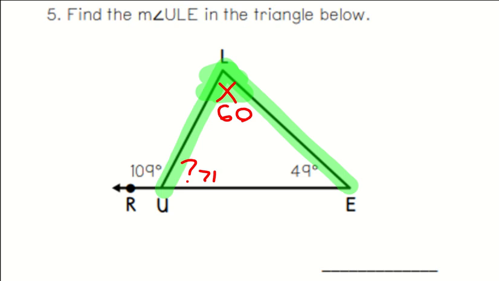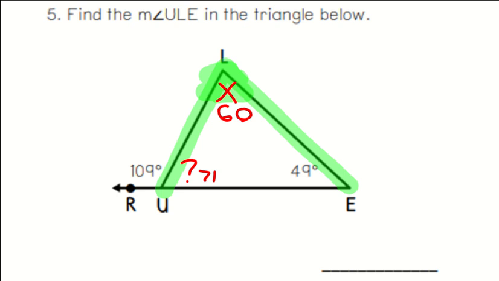Now look, those 2 angles right there, the 60 and the 49, they add up, they equal that outside angle. But sometimes just going through the steps that way is going to be a little easier with some of the tougher problems.